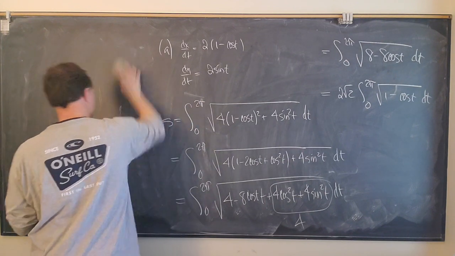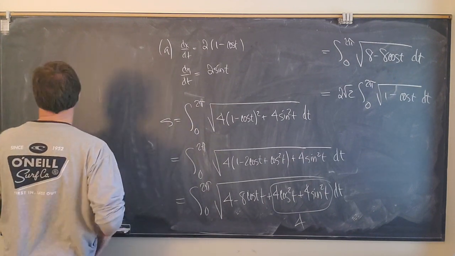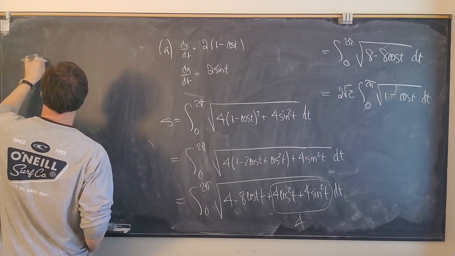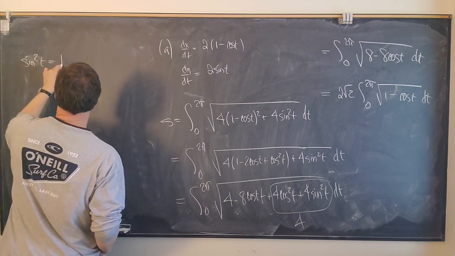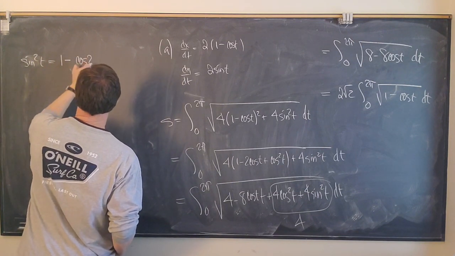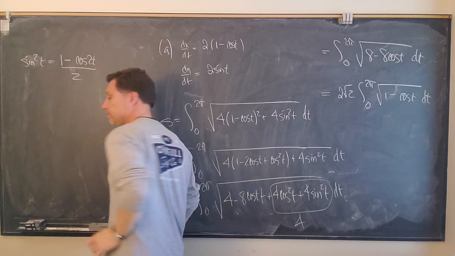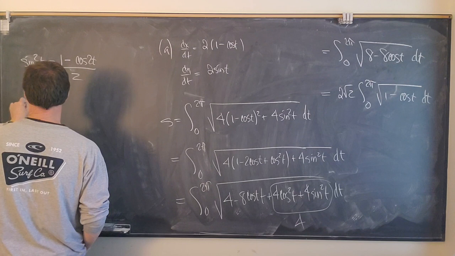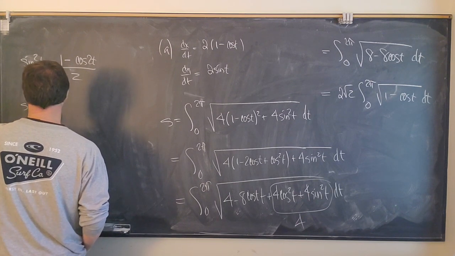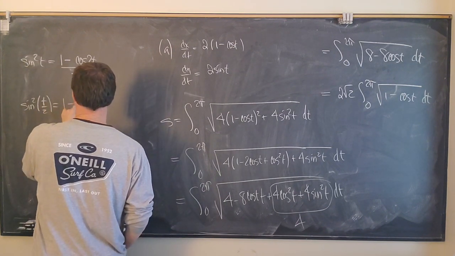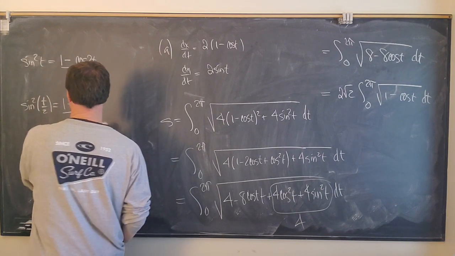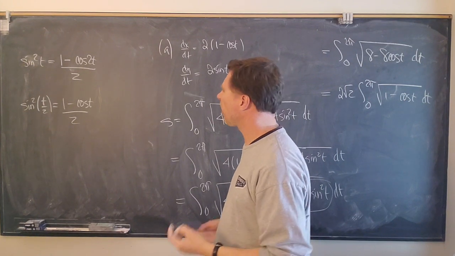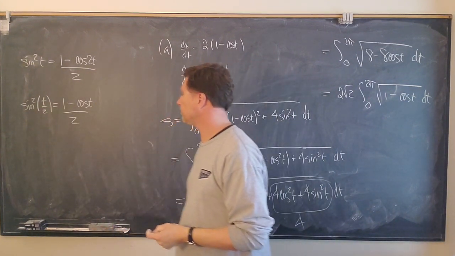What we know is that sine squared of t is equal to (1 minus cosine 2t) divided by 2. Which means that sine squared of t over 2 is equal to (1 minus cosine t) divided by 2. All I did was substitute t over 2 in place of t.